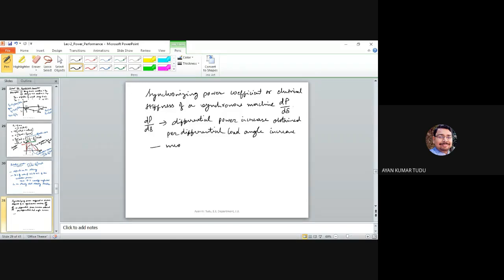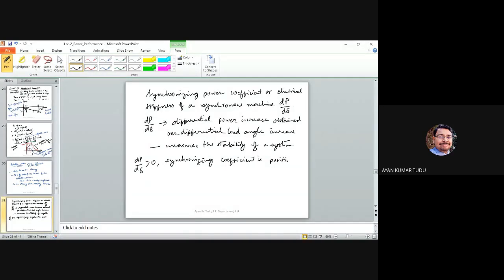It measures the stability of the system. How is it measuring? If dP by d delta is greater than 0, the synchronizing power coefficient, or the synchronizing coefficient, is positive.